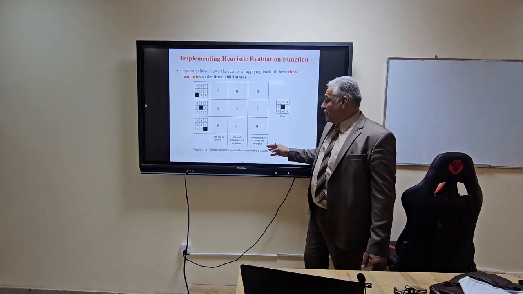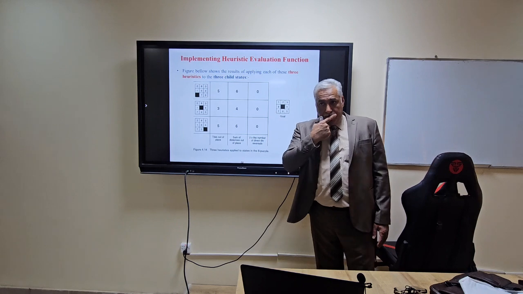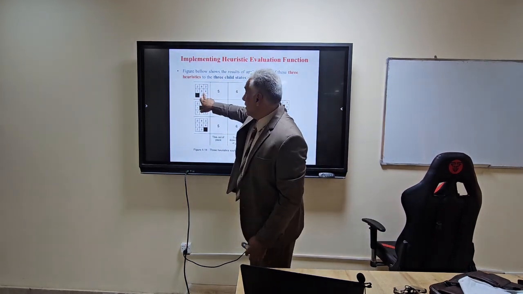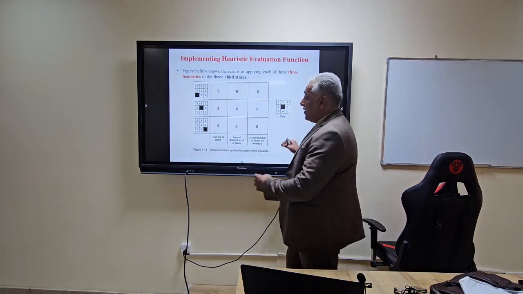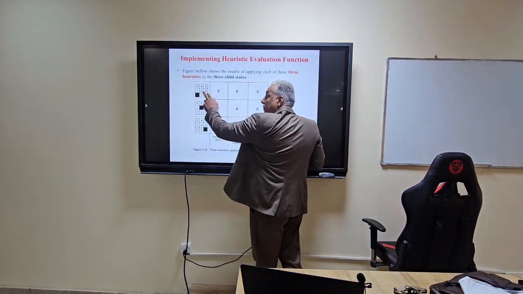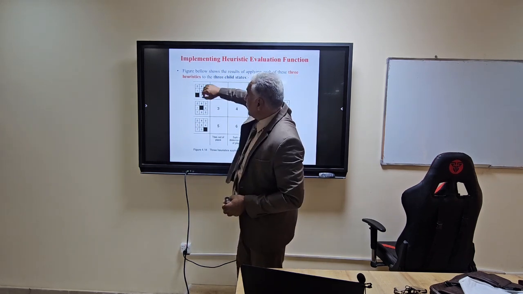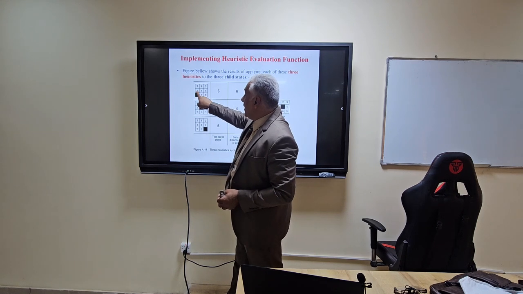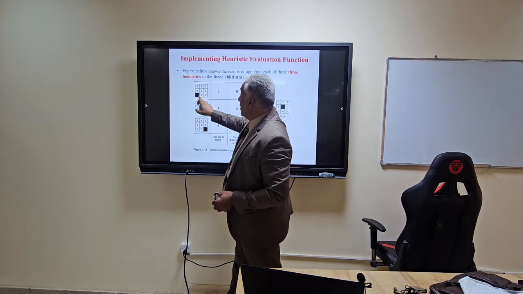And this one is the number of reversal locations. Now, for example, here in this figure, the number of tiles out of place is 5. Let's count each one. This one, 2, 3, 4, and 5.